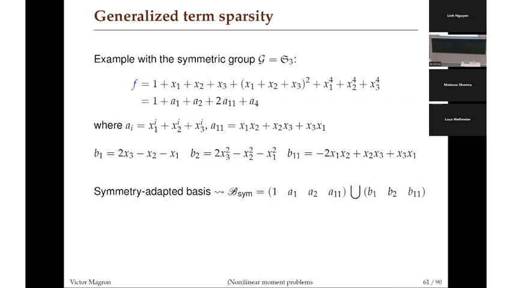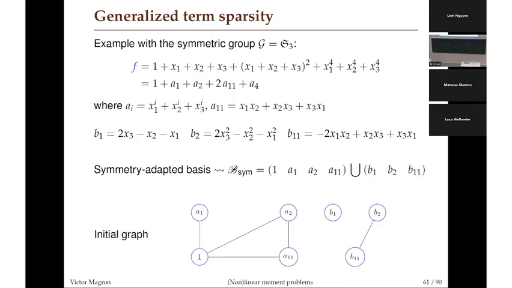And then I have the equivariant polynomials. These guys are not invariant. And then I build the symmetry adapted basis. So I have the invariants here and the equivariants. And the initial graph I obtain is this.